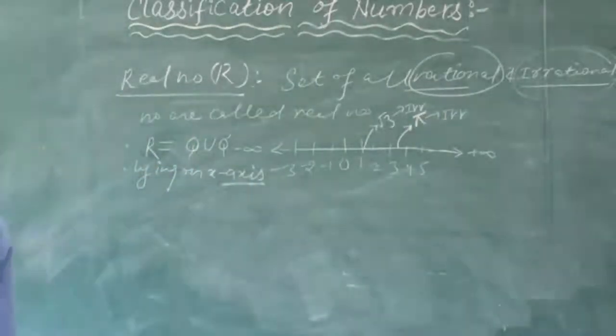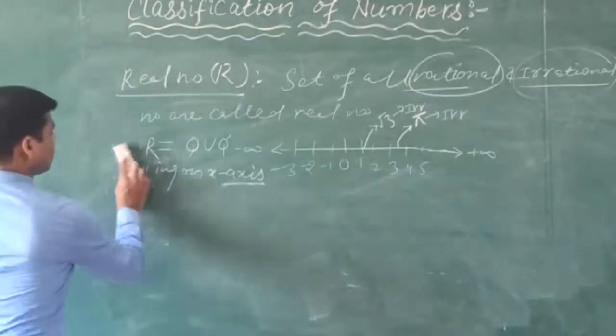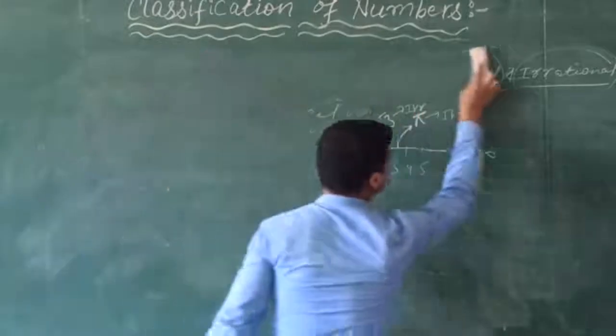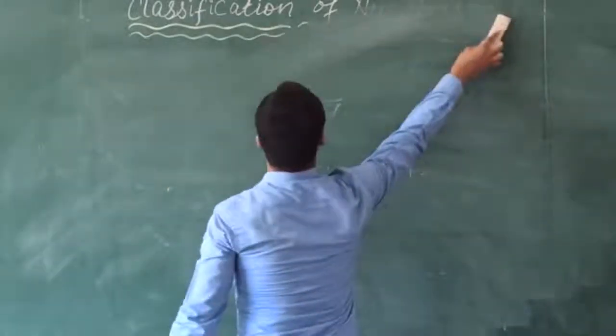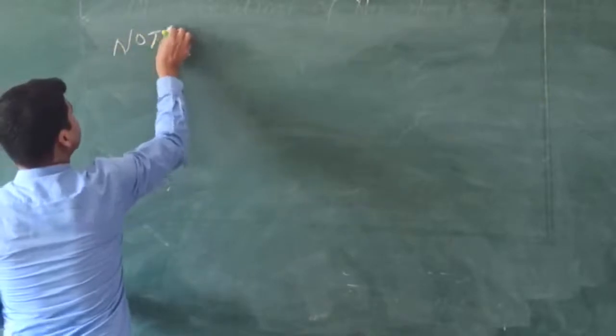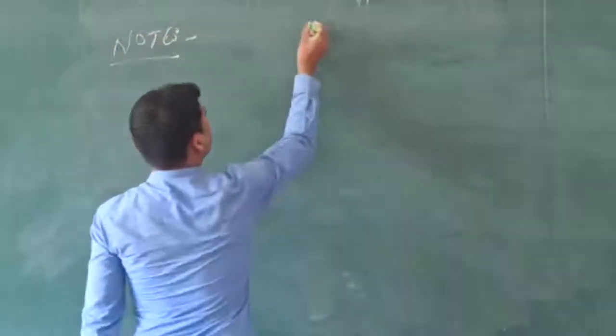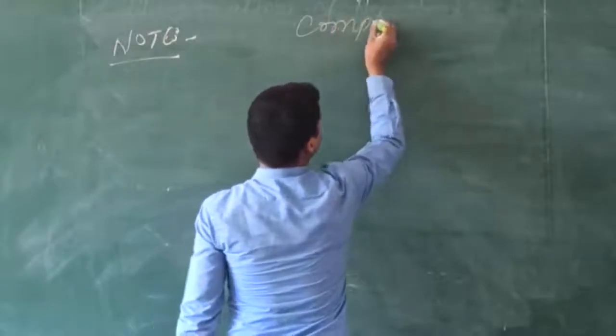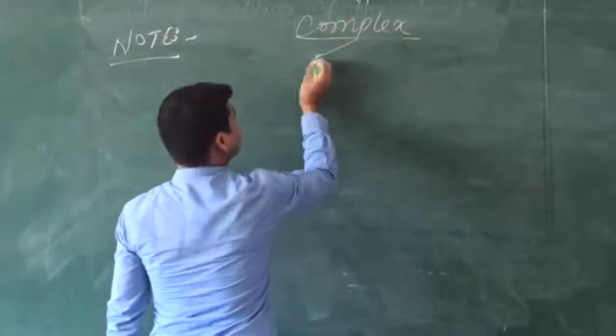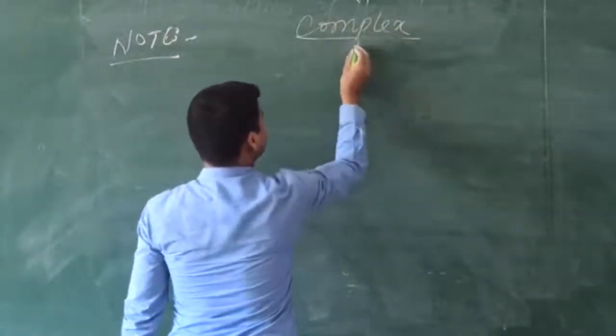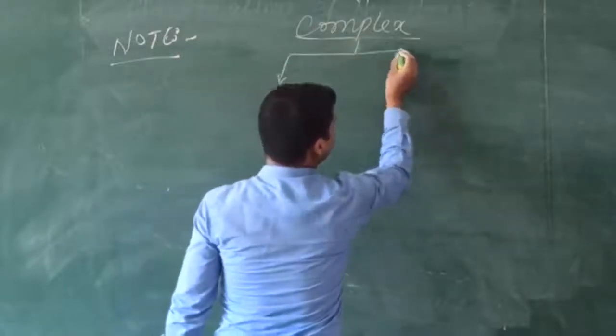Now one more very important thing, I am going to write in a note. We know that a complex number is divided into two parts, real and imaginary.